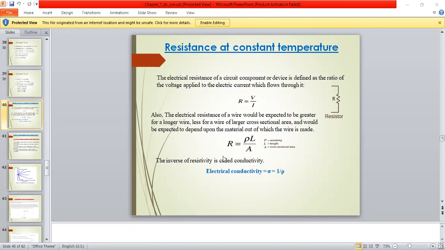And this rho we call the resistivity. The reciprocal of resistivity is called the conductivity. The units for resistivity we have already seen, it is ohm meters. And this is electrical conductivity. The symbol is sigma, that is equal to 1 upon rho.